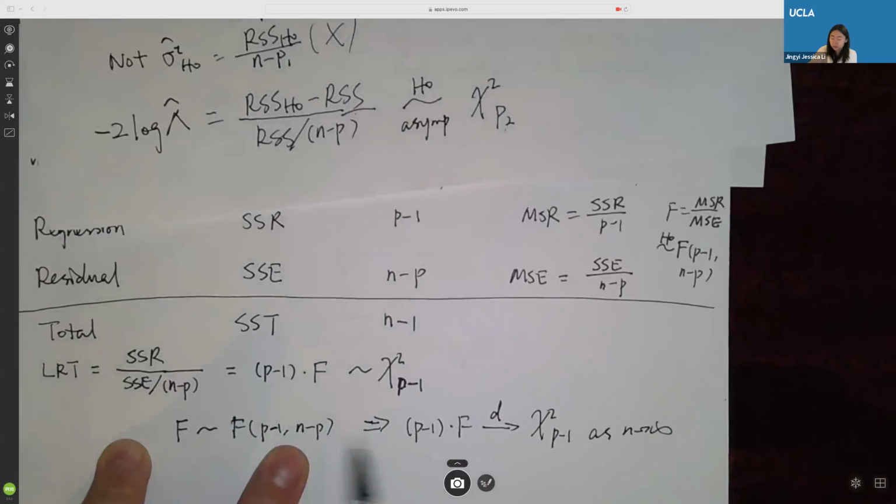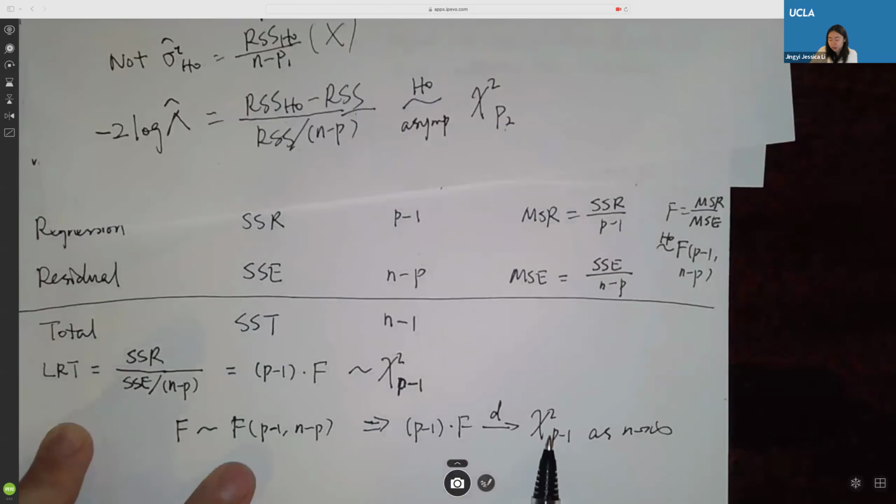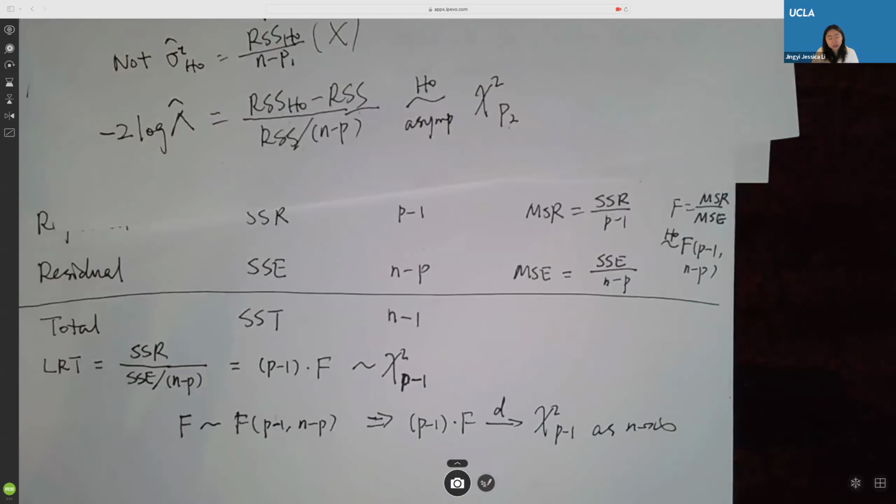So when n goes to infinity, then the asymptotic distribution is chi-square. So there is such a relationship between F distribution and chi-square distribution, similar to the relationship between T distribution and the standard normal distribution. But this is just to see the connection between the two.